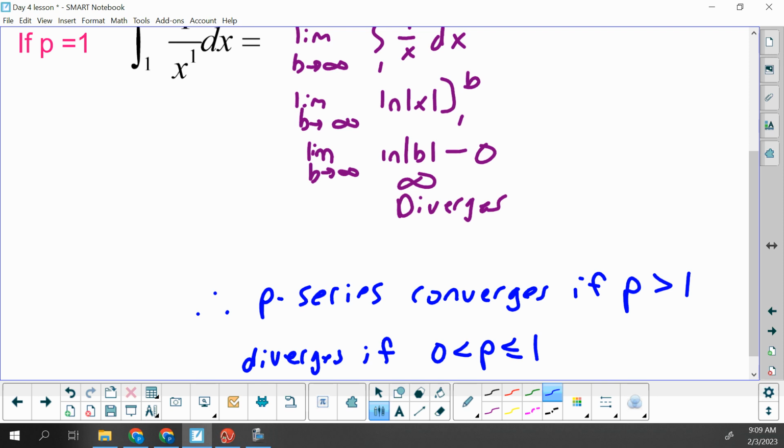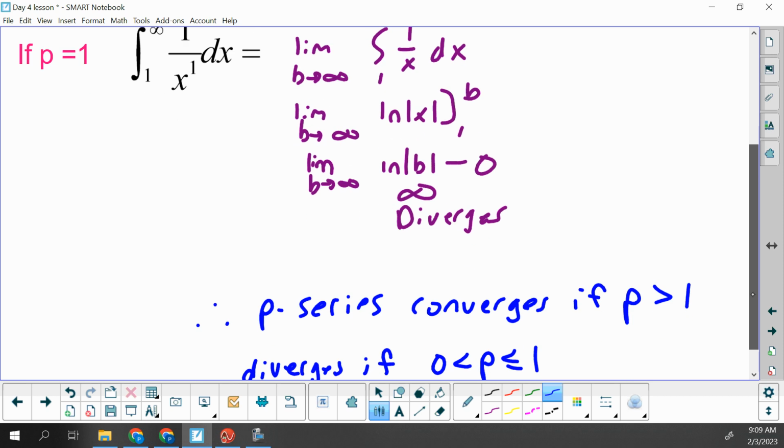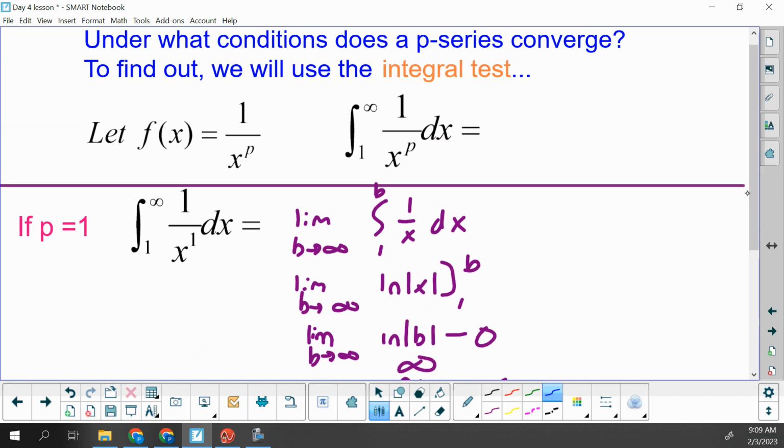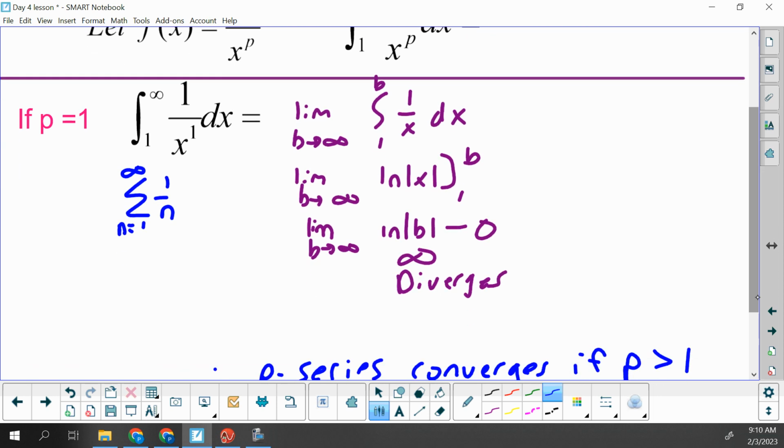Now, this series we just looked at, again, is called the harmonic series. So in series form, this would be written as the sum from n equals 1 to infinity of 1 over n. So that's our harmonic series. When we see that from this point forward, which we'll see a lot, there are two conclusions you could write for it.